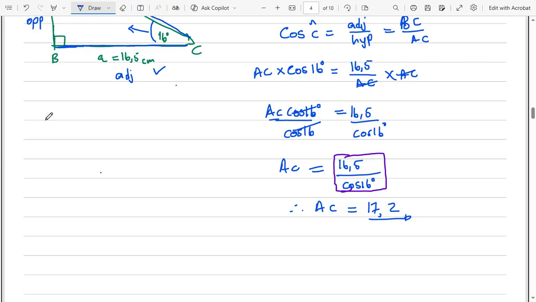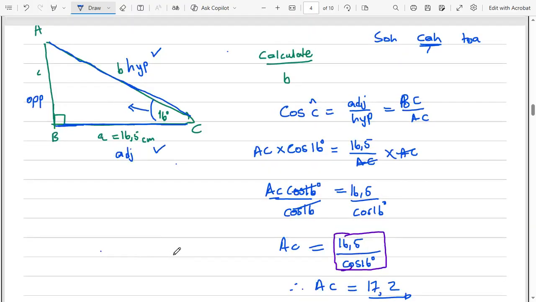So let's say they want you to find angle A. What are you going to do? Remember, this is angle A. I have this angle, I have this angle. The sum of angles in a triangle adds up to what? 180.